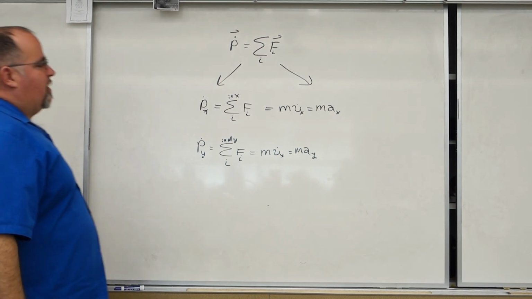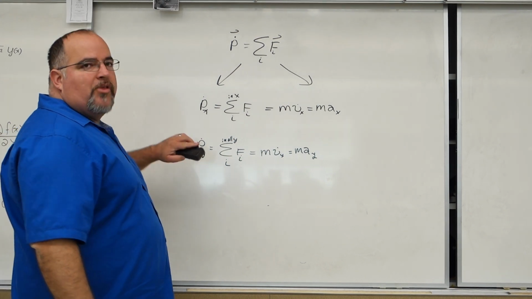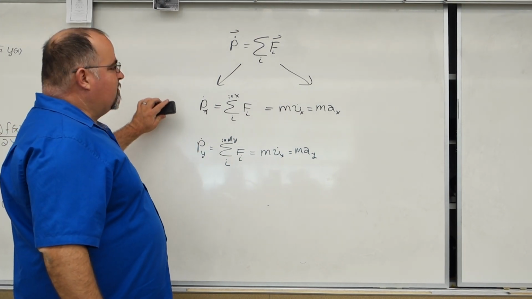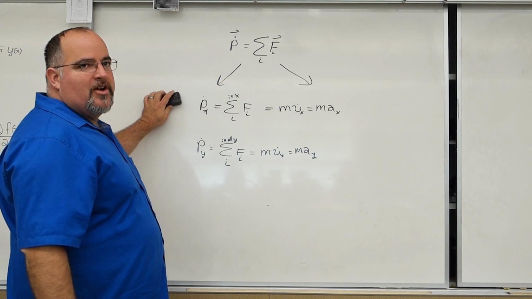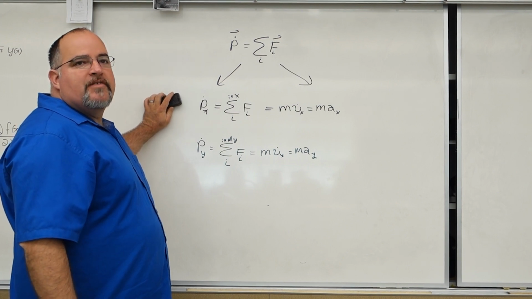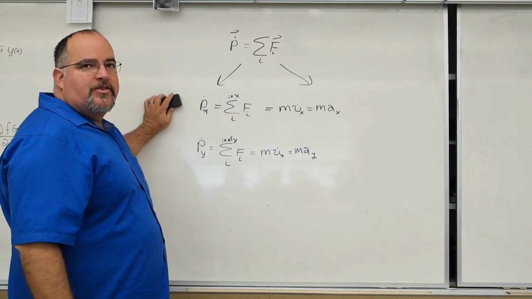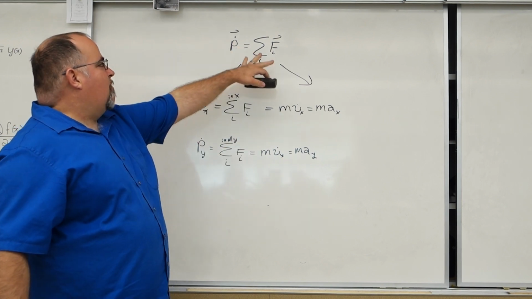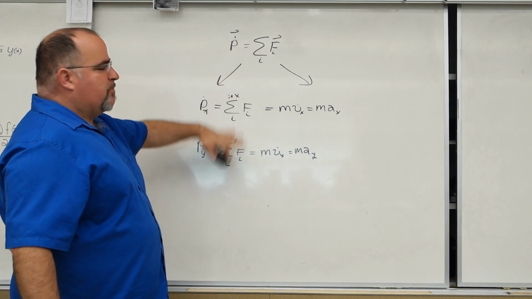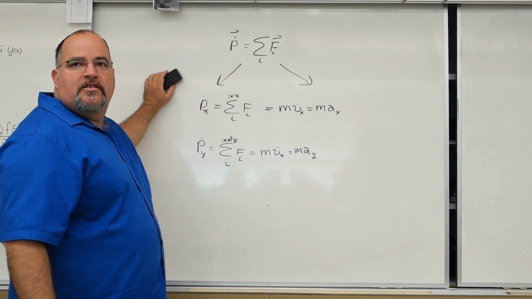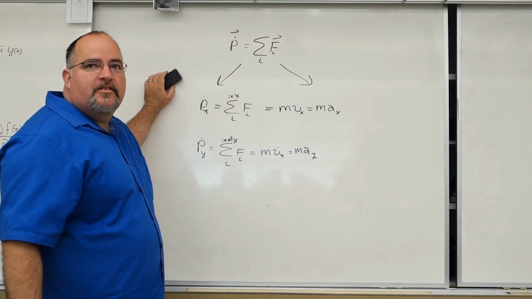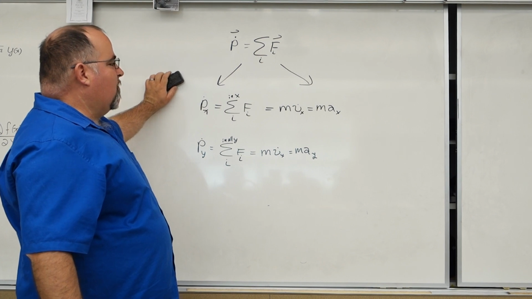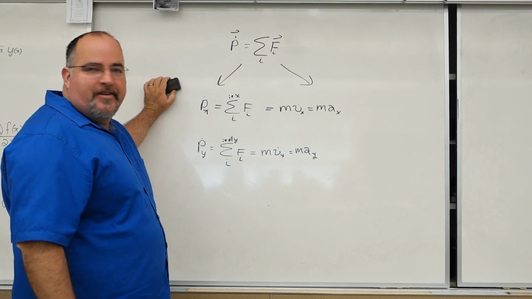This is when you're going to use this, and I'll apply examples right away. Maybe this will make a little more sense after I do some examples, if it isn't making sense to you yet. I'm just saying this could be split up. This is our original equation that we worked with. We could split it up like this in the x and y. That's all I'm saying. And I'm being really general and really nerdy about it.